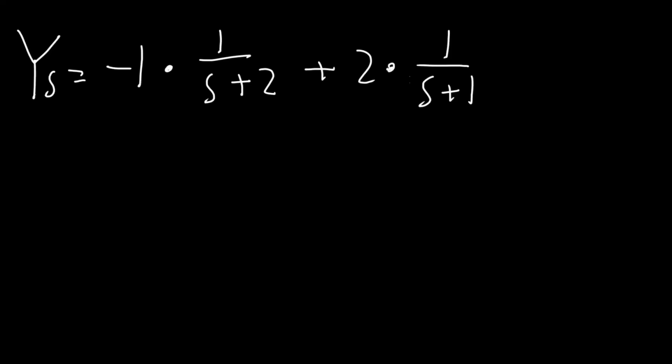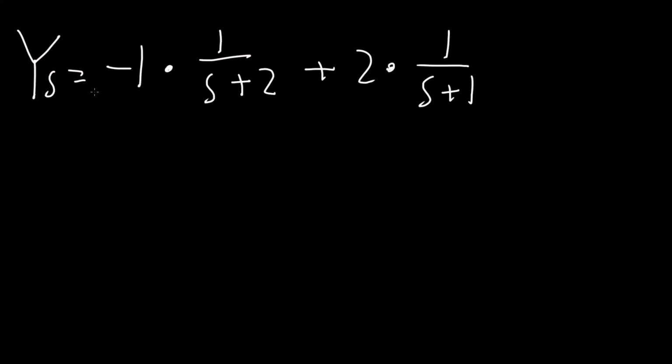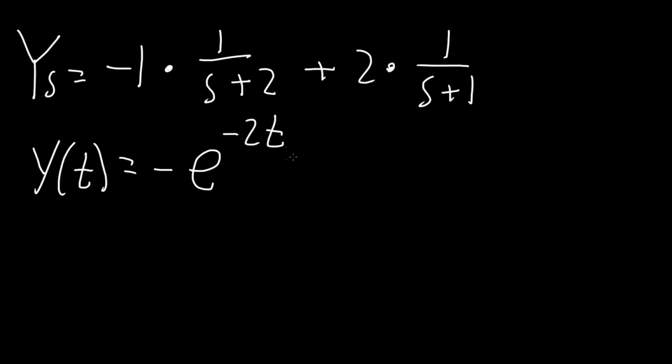And so using that equation I just showed you really quickly, 1 divided by s minus a, we can say, for example, s minus parentheses minus 1, we will have it in this form, so e raised to at. And so our final answer, y(t), is equal to negative e raised to negative 2t plus 2e raised to negative t.